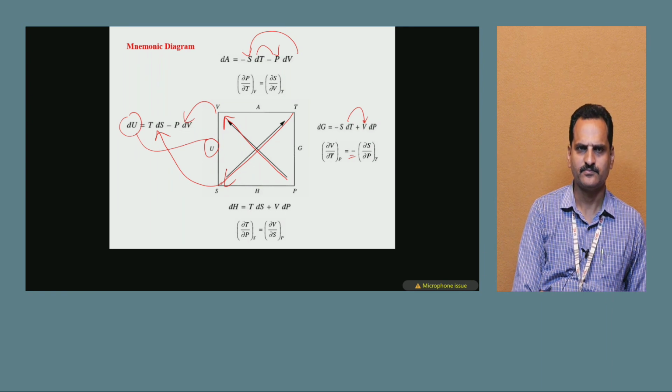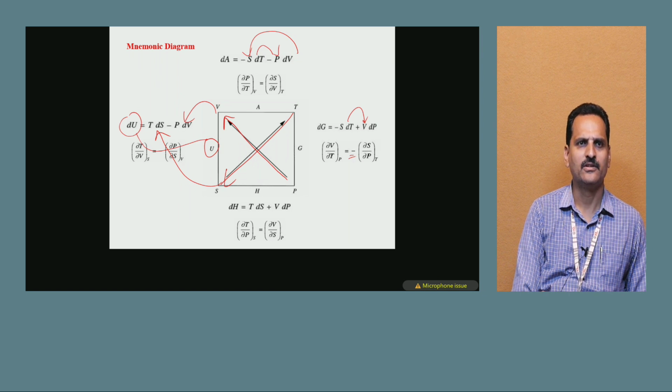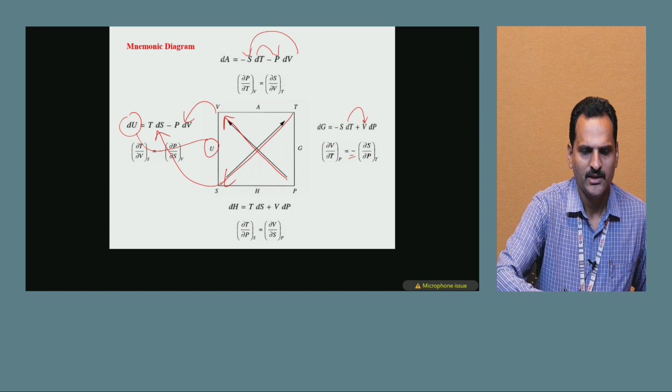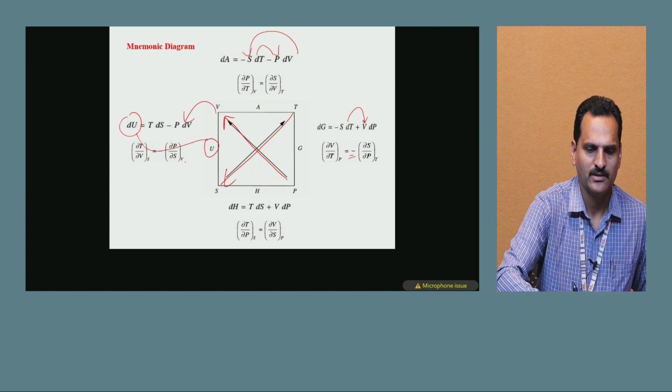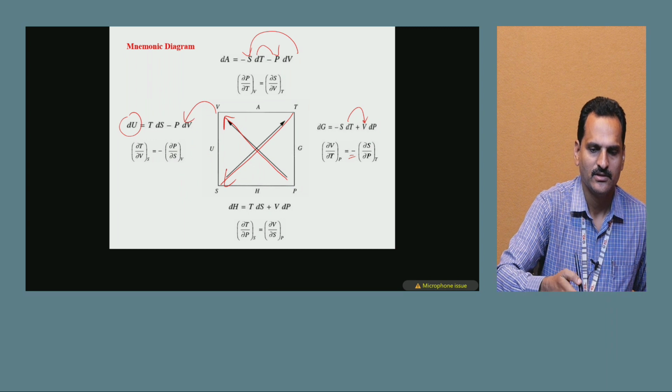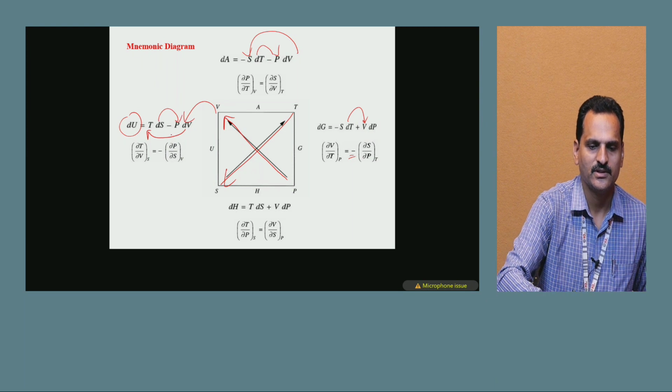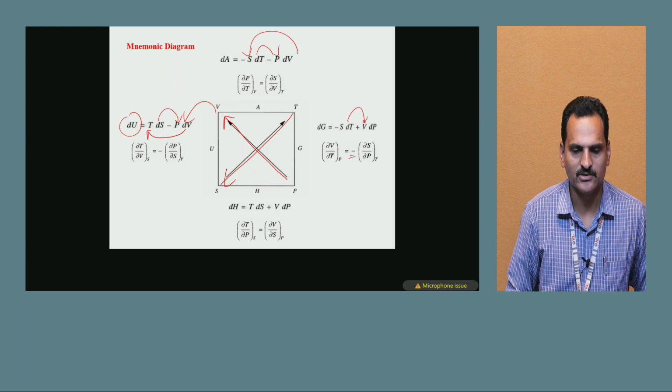Okay, let's write down the Maxwell equation for internal energy. Dou T by dou V is equal to minus dou P by dou S. There is a minus sign here. So this is the fourth Maxwell equation.